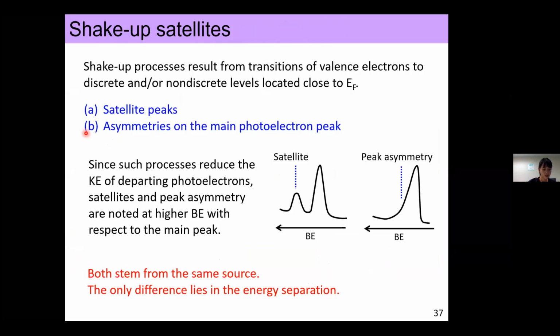Since such processes reduce the kinetic energy of the departing photoelectron, satellite and peak asymmetry are noted at higher binding energy with respect to the main peak. Both stem from the same source. The only difference is the energy difference between the main peak and the satellite, or the main peak and this asymmetry.